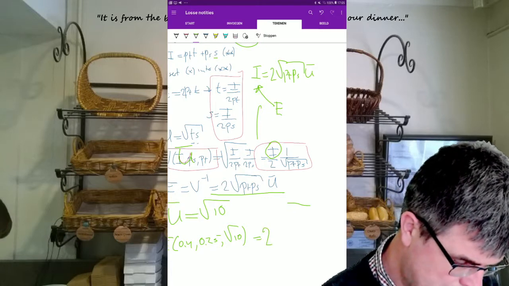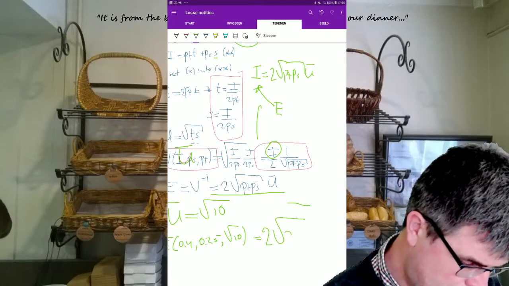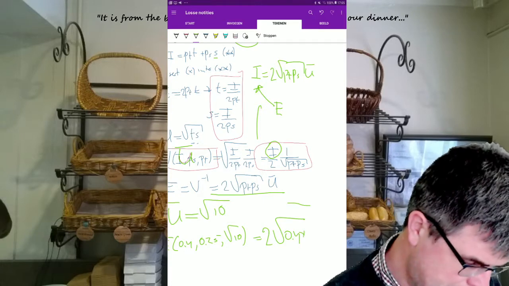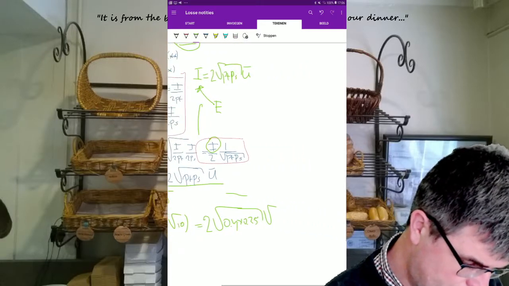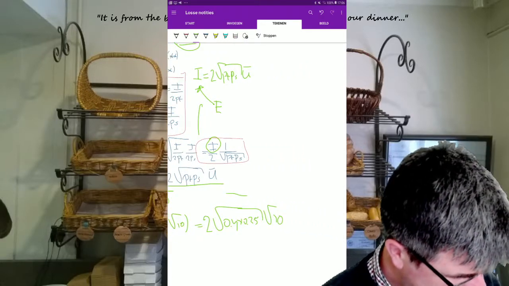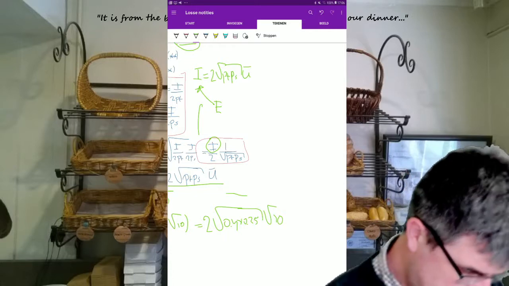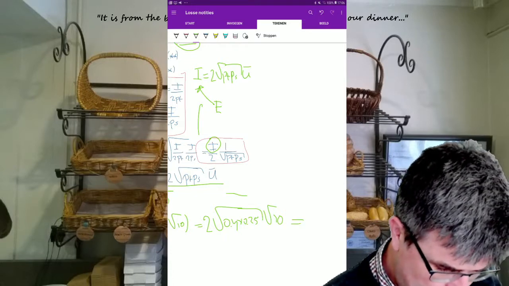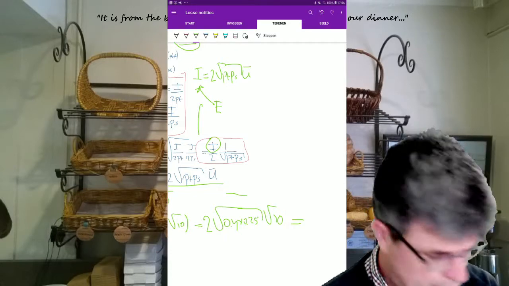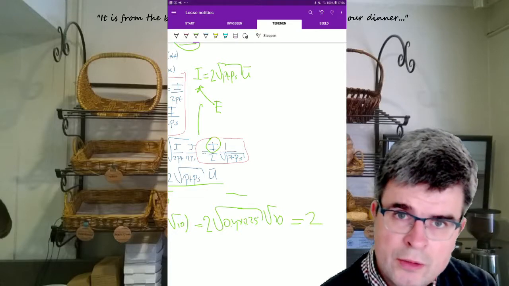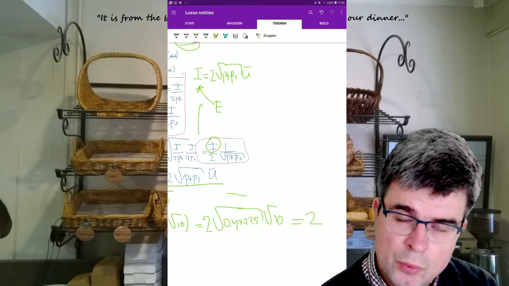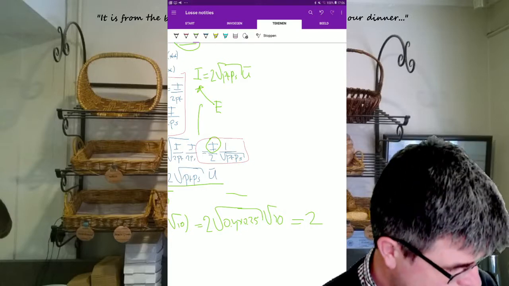So it's 2 times the square root of 0.4 times 0.25 times the square root of 10. And you will notice that this one is equal to 2. So we need to make expenditures equal to 2, which is $1 more than what we had before.